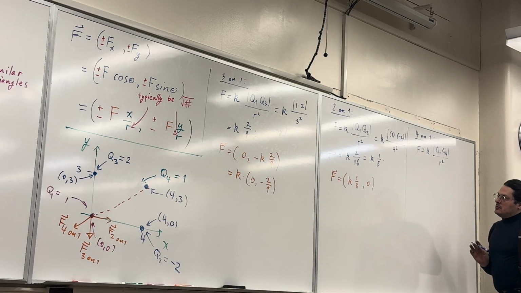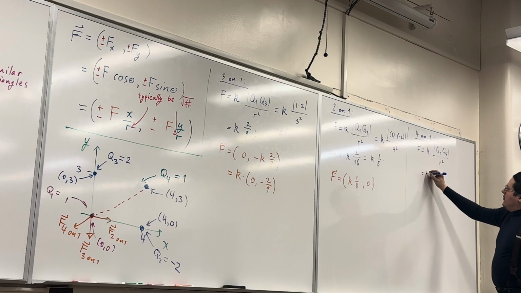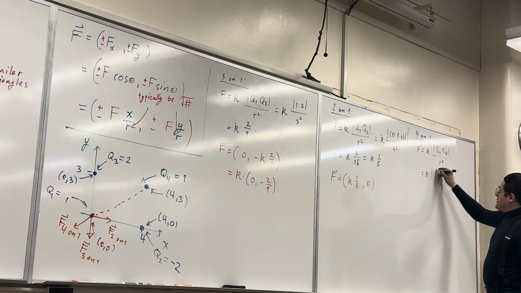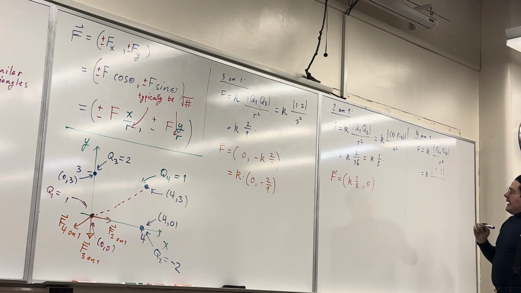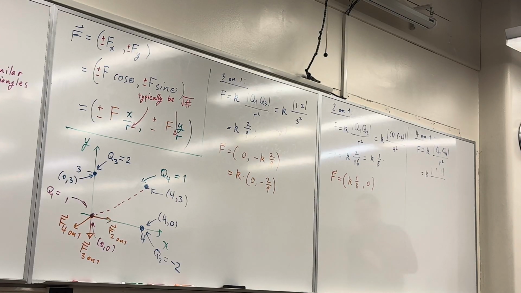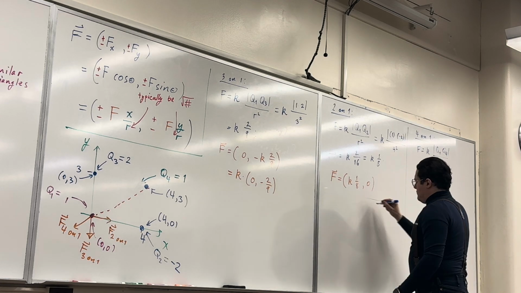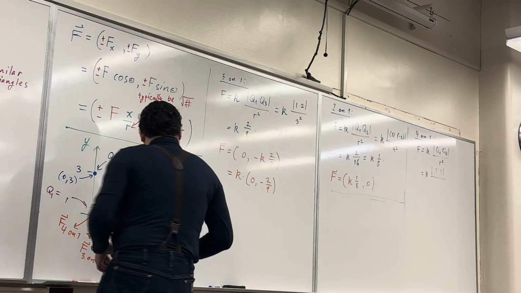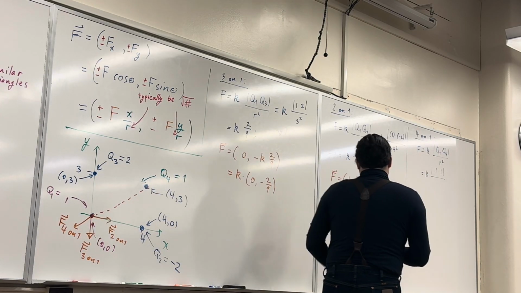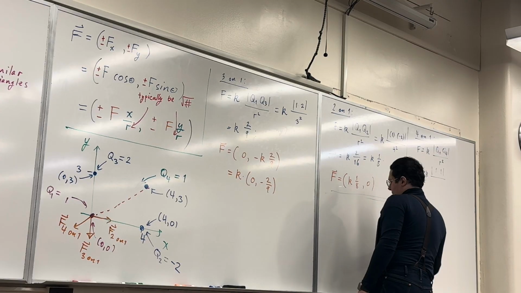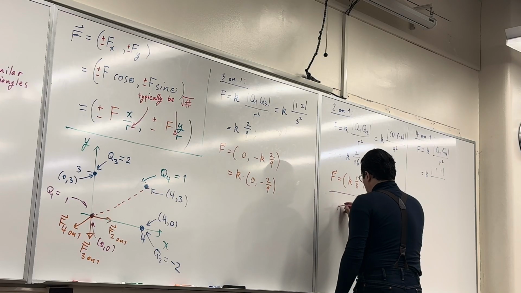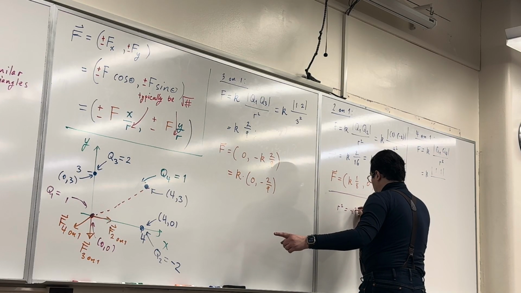It's a little trickier. So k, Q1 is 1 and Q4 is 1, so it's 1 times 1. In this context, R squared is x squared plus y squared.